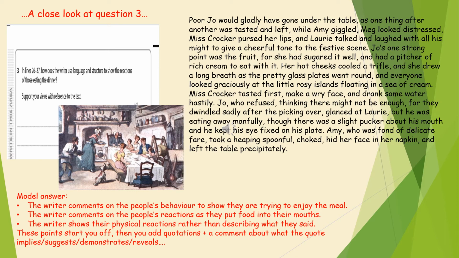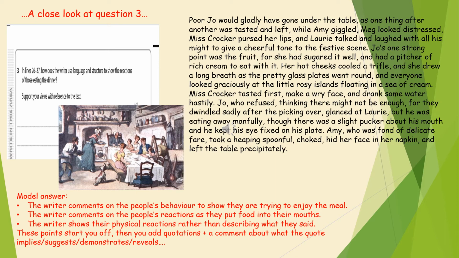And then you can look back up at the text and see how that is proven. So their behaviour, for instance, would be that Amy giggled, Meg looked distressed, and Miss Crocker pursed her lips. The other person that you may include in this is Laurie, who's talking with all his might to try and make everything look as if it was perfect.